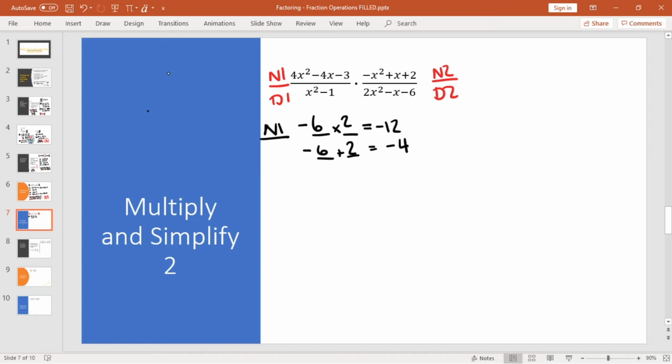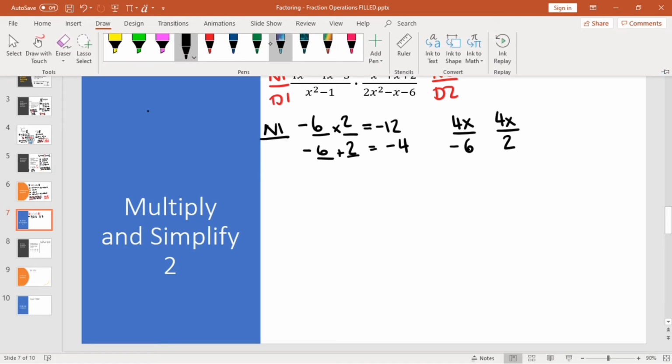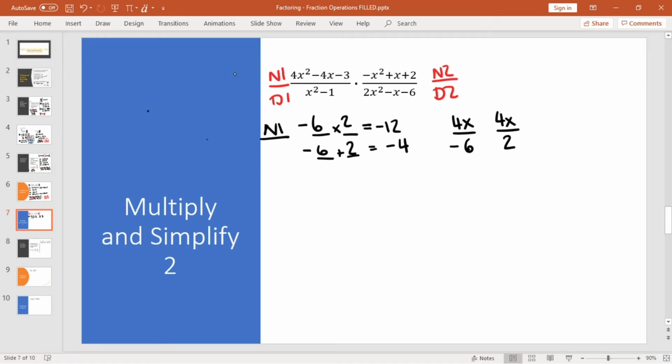Okay, so then you take that trick, write down AX twice. Underneath it, you put your factors, and you do any canceling that you can. So 4 over 2 is like 2 over 1, and 4 over negative 6 is like 2 over negative 3. And my binomials are 2x minus 3 and 2x plus 1.